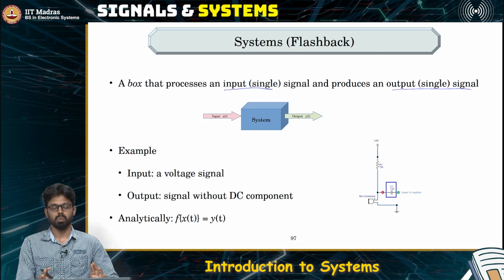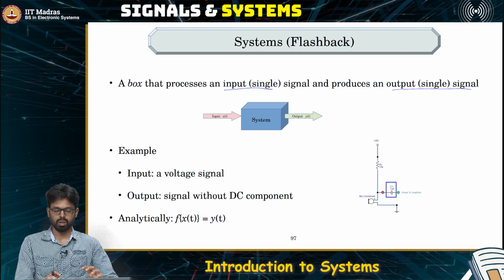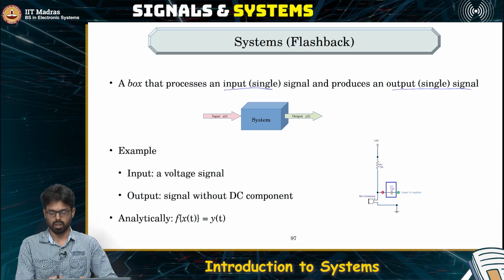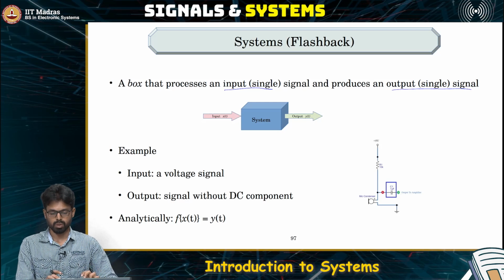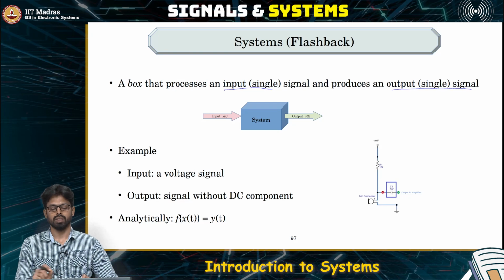So in your mobile phone there are multiple inputs and multiple outputs, but we can always focus on one particular input and one particular output. That's what we'll do in this course, where we restrict ourselves to a single input and a single output for a system.